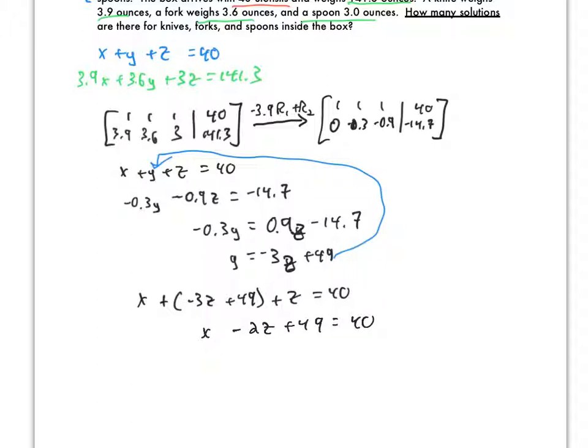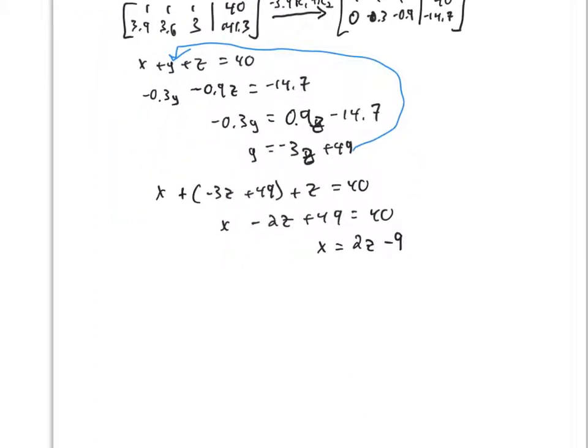And now I'm going to move everything over in one clean swoop, and I'm going to get 2z minus 9. So what I now have is an ordered triple of 2z minus 9 for x, negative 3z plus 49 for y, and then z is just sort of a parameter, an independent floating variable.